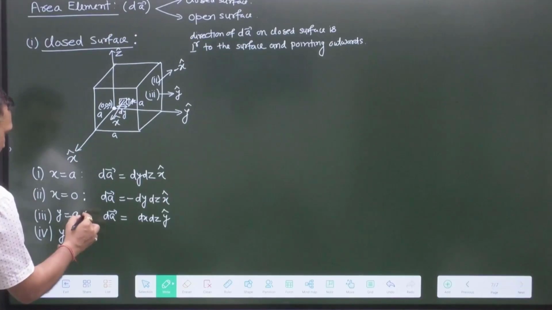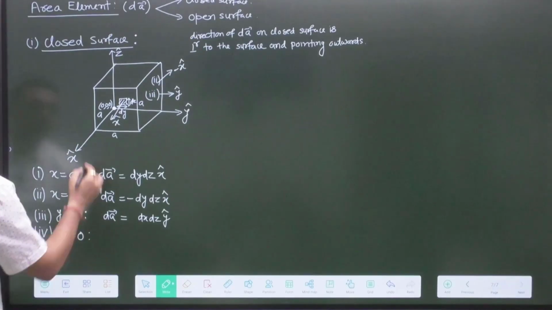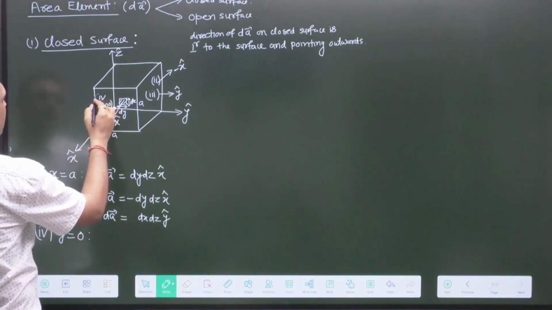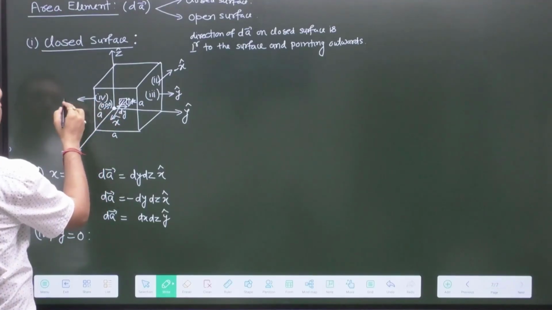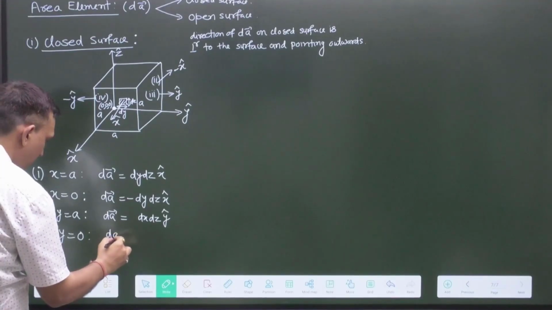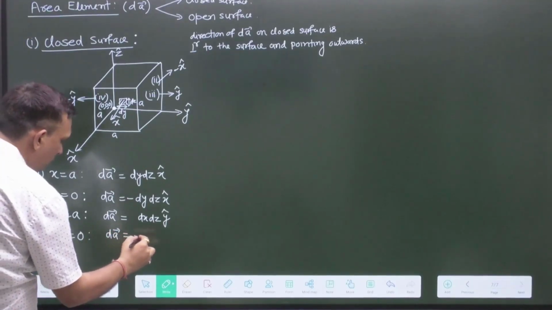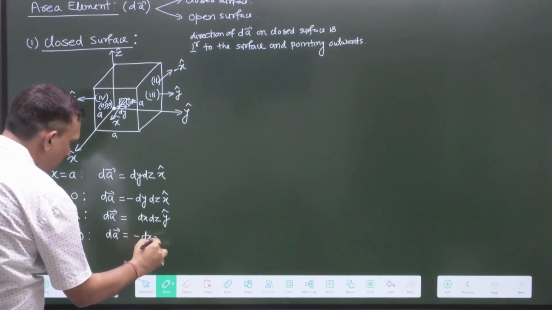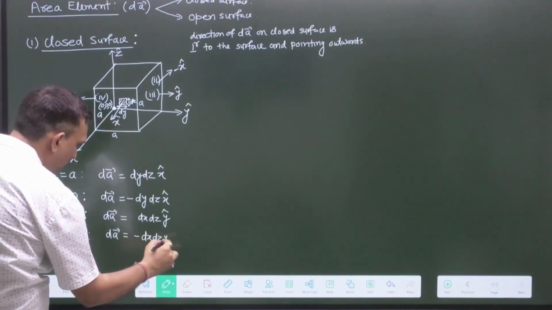Then the fourth surface is y equal to 0. Direction is minus y cap. So this is minus dx dz y cap.